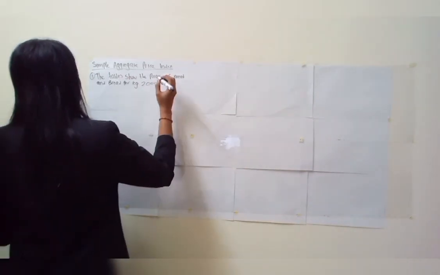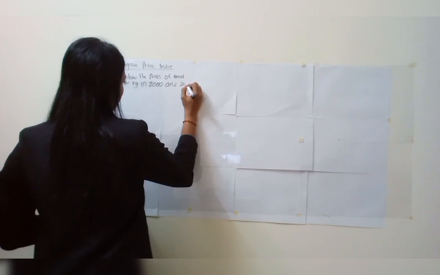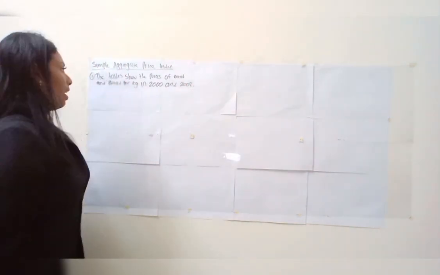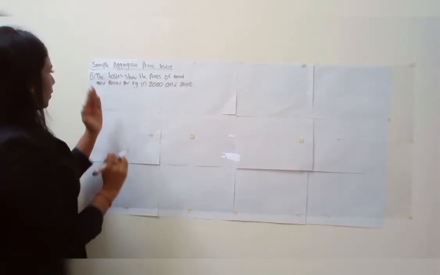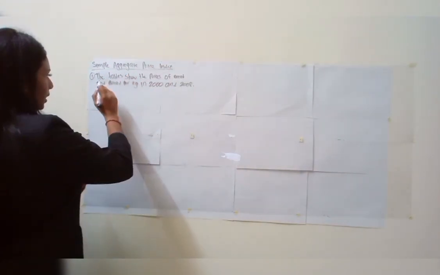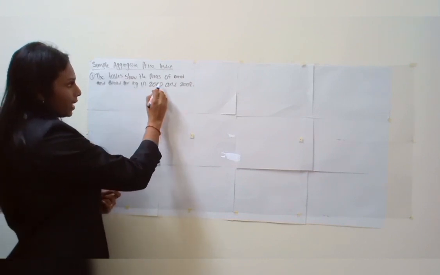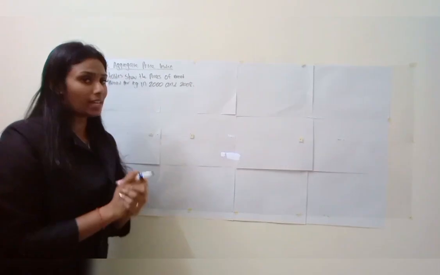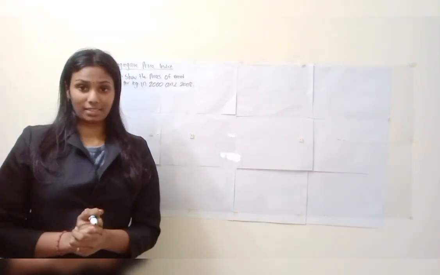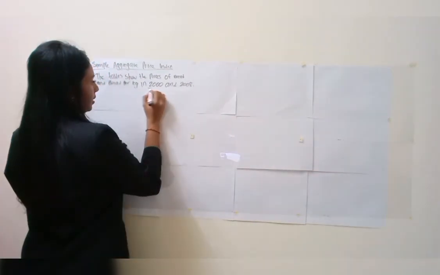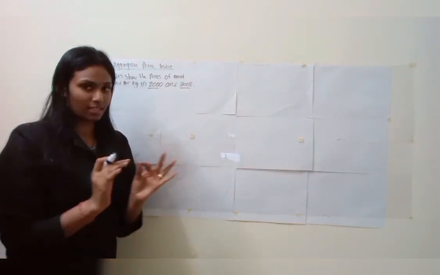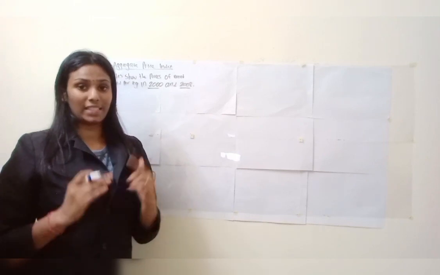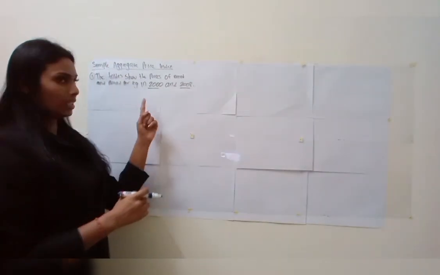The question is: the table shows the price of meat and bread per kg in 2000 and 2008. So now I'm going to draw the data based on the question.